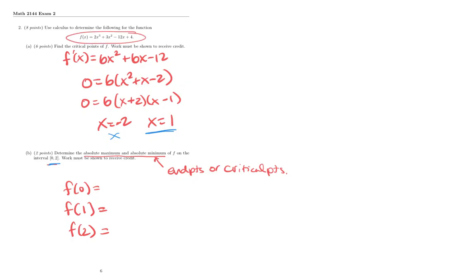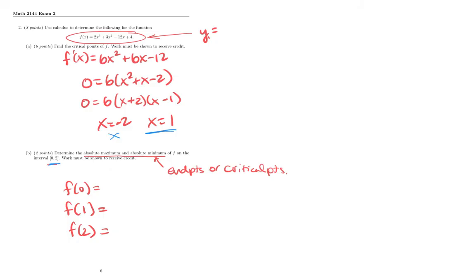The quickest way to do that is to go to your graphing calculator and type that into your y1 equals. So you're going to type that function in, and then you can use the trace feature on your calculator to plug in specific x values. So I'm going to go to my y equals button, and I'm going to type in 2x to the third plus 3x squared minus 12x, and then plus 4, and I'll hit graph.